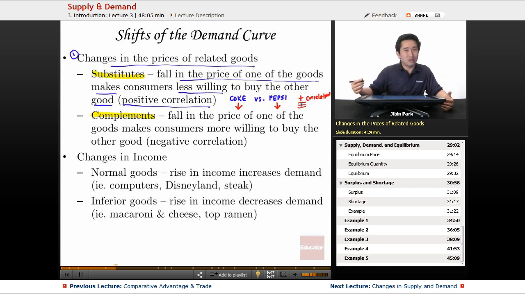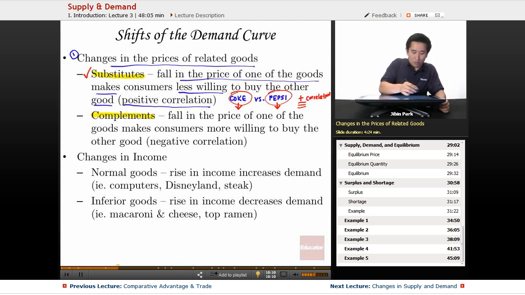The teacher's not there, so you have a positive reaction. Same thing in economics. When there's a substitute, if the price goes down, then the demand for the substitute also goes down. If the price goes up, then the demand for the substitute also goes up. So there's a positive correlation between goods when you're dealing with a change in demand.